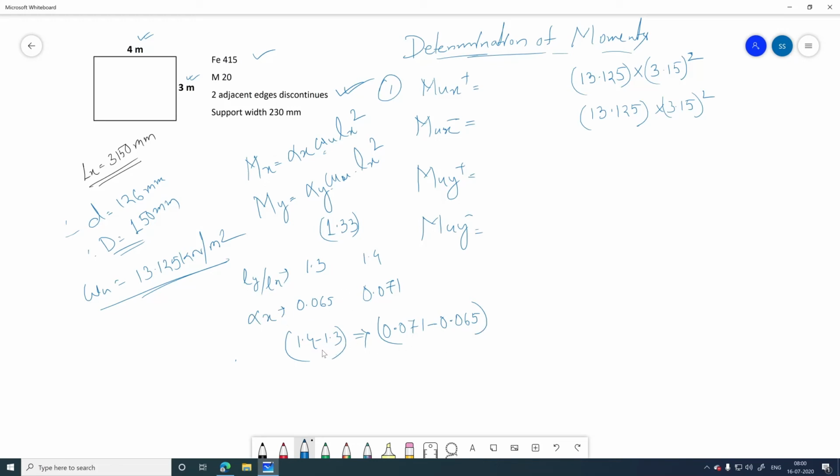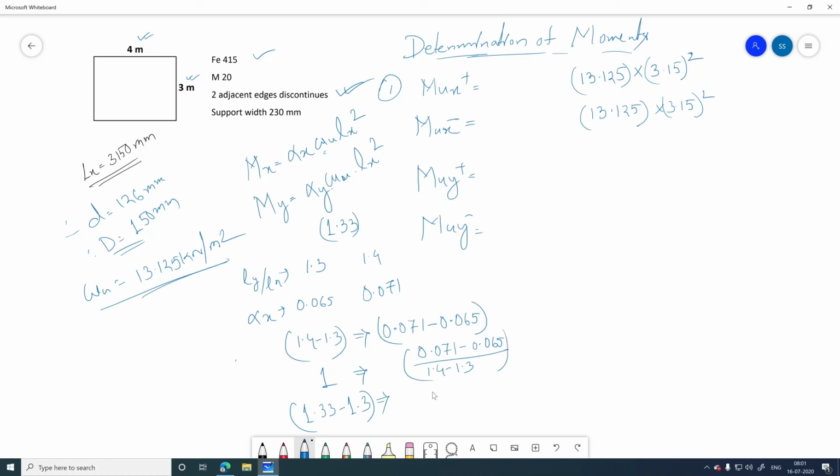For 1 what is the change, and for 1.33 minus 1.3, that will be 0.03, right? So for these changes we write 0.071 minus 0.065 by 1.4 minus 1.3.